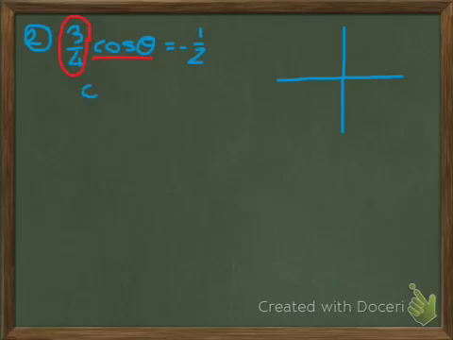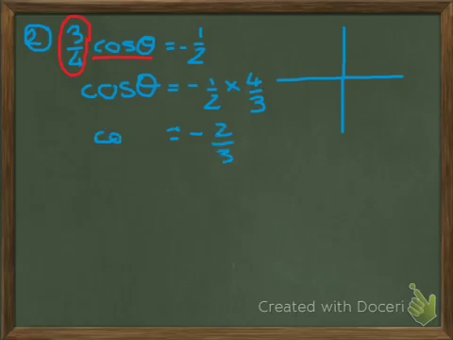Now remember, dividing by 3/4 is the same as timesing by 4/3. So I'm going to expect you to do your arithmetic, because let's face it, some of us are not very good at that. So dividing by 3/4 is the same as timesing by 4/3, which is going to give me negative, the 2 and the 4 will cancel, 2/3.